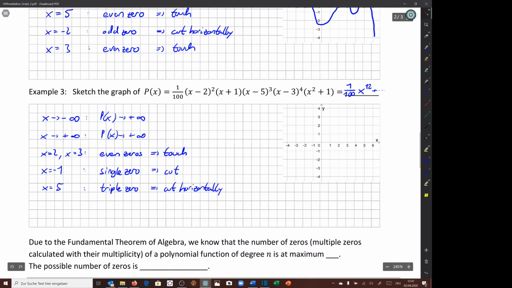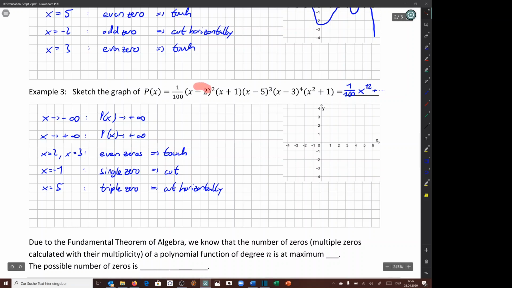So adding 2 plus 1 plus 3 plus 4 plus 2, we get 12. So we have an even exponent here, and the coefficient is positive, so we know the shape is like this. So it goes off to +infinity for x going to -infinity and for x going to +infinity.